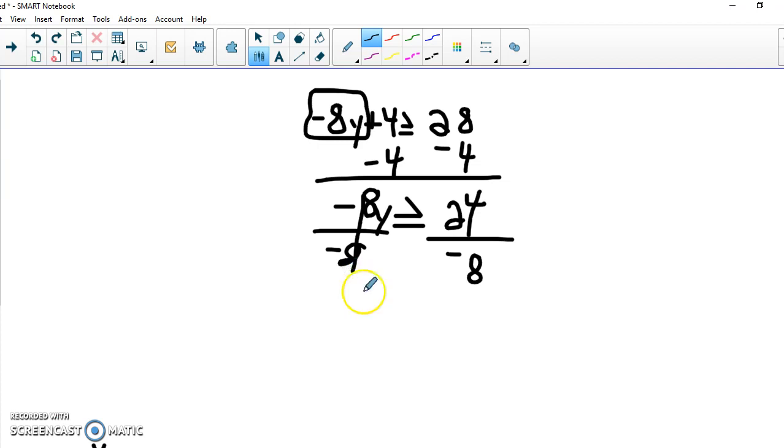The negative 8 cancels out. Bring down my y. 24 divided by negative 8 is negative 3. Now, I did divide by a negative number, so I flipped my sign. So y is less than or equal to negative 3. Now let's switch back to our other screen.